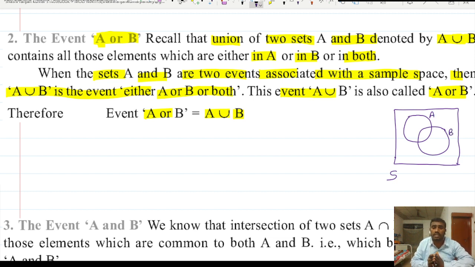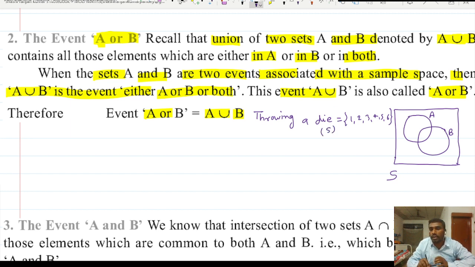Let us take a practical example of throwing a die. We all know what the outcomes are: 1, 2, 3, 4, 5 or 6. There are a total of 6 outcomes when we are throwing a die.